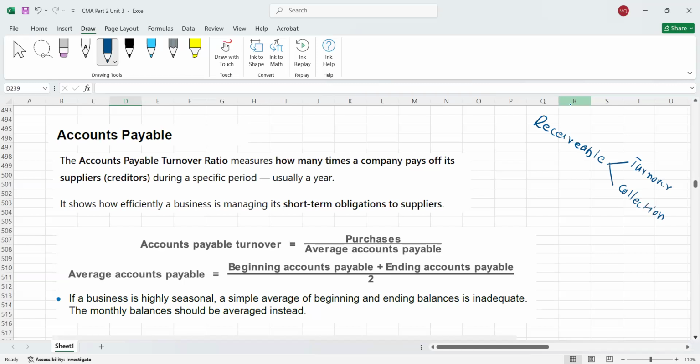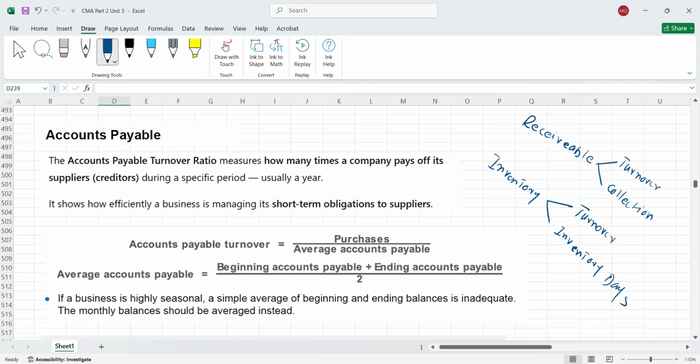And then we talked about inventory. Again, two things. We talked about inventory turnover ratio and inventory days or inventory holding period. Inventory days, second formula.